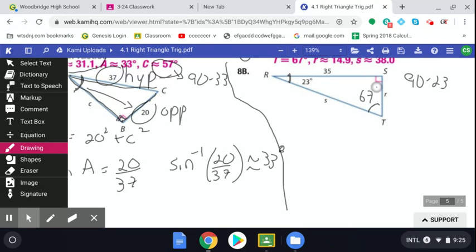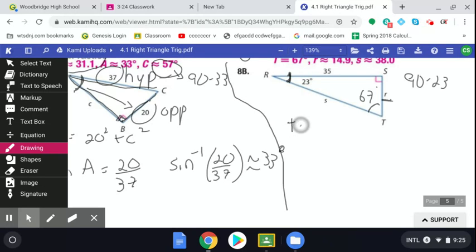So this is 67. And now I need to find sides S and R. So you have different choices now. You don't have to do it the way I'm going to do. I'm going to pick the 23-degree angle, and I'm going to try to find R by using the tangent ratio, because this is opposite to 23 degrees and 35 is adjacent.